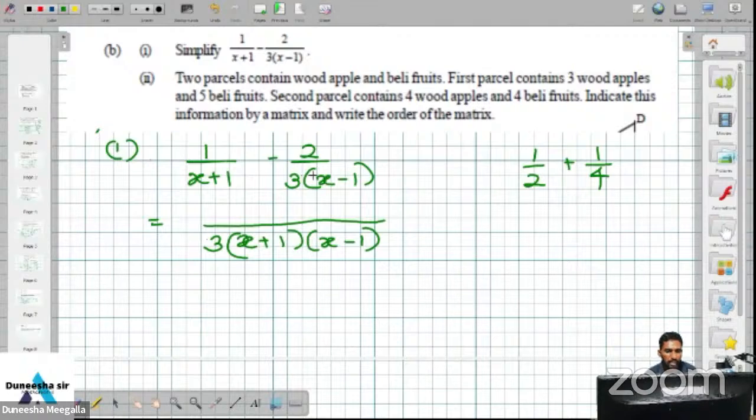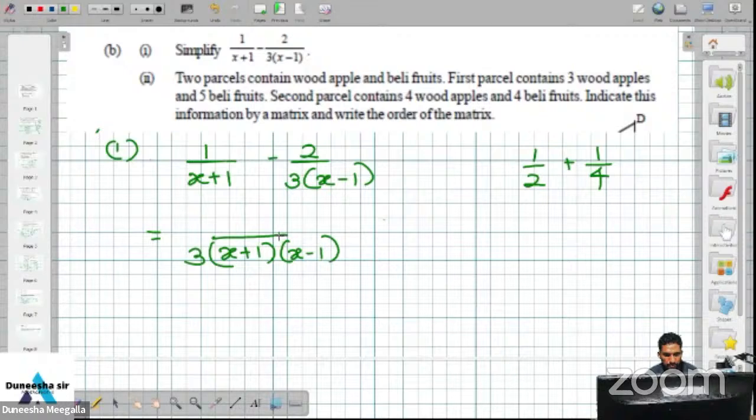Then we can multiply crosswise. If this isn't clear, I'll explain another way. What is (x plus 1) (3x minus 1)?